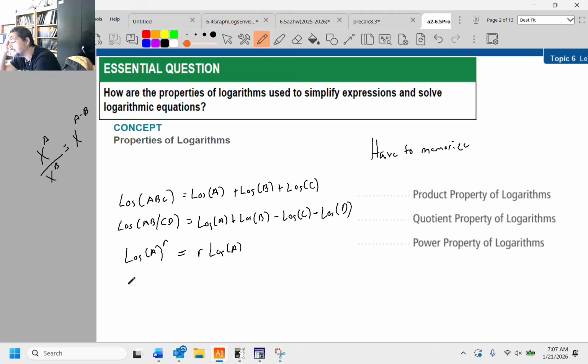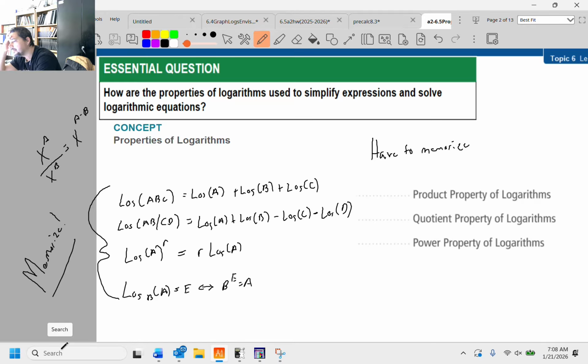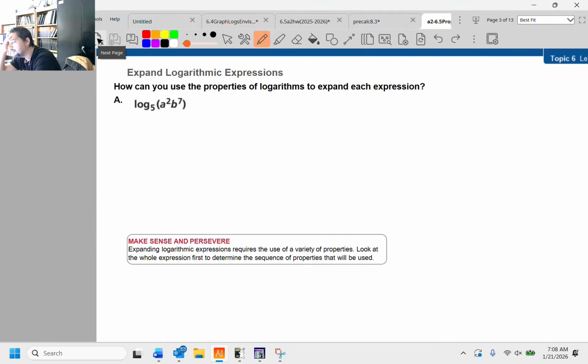And the other big one is this one: a logarithm, base b, argument a, equal to e, has an equivalent inverse of b to the e equals a. Memorize these things. It is your only chance. Memorize those properties.